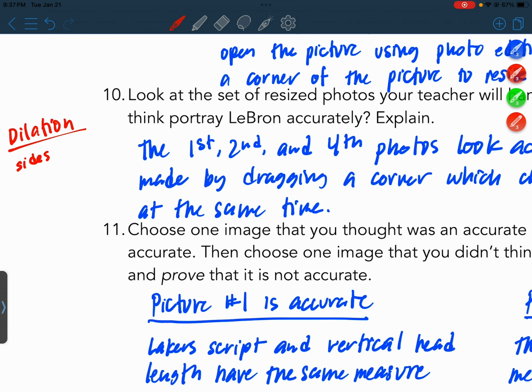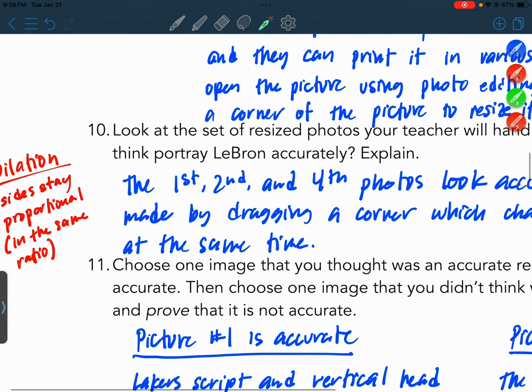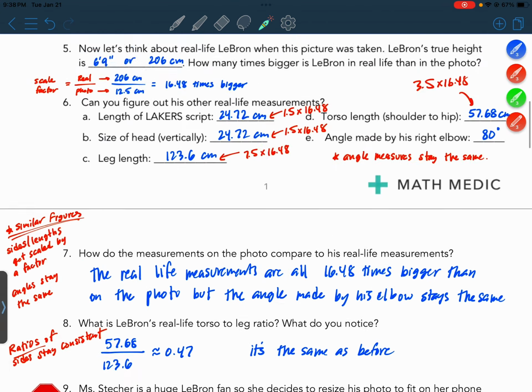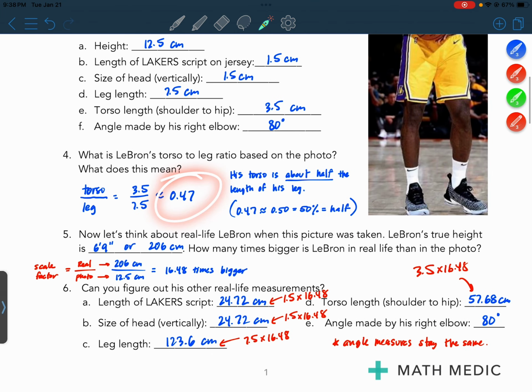Sides stay proportional, meaning they have the same ratio. Right. So one ratio that we've already looked at a couple times before is the torso to leg ratio. If you look at the torso to leg ratio in the first, second, or fourth photo, it should be the same as what you have in the original photo, which was about 0.47.